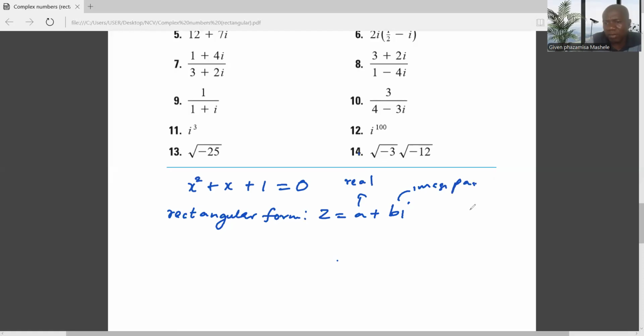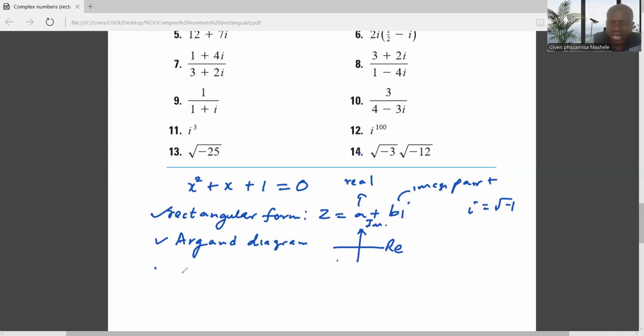And we know that this i is the square root of -1. And we can represent this in an Argand diagram. On an Argand diagram, the x-axis is the real part and the y-axis is the imaginary.